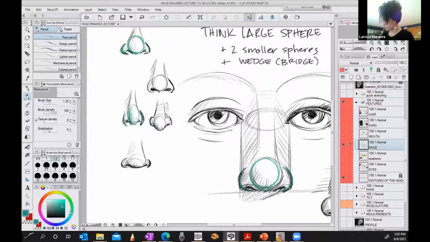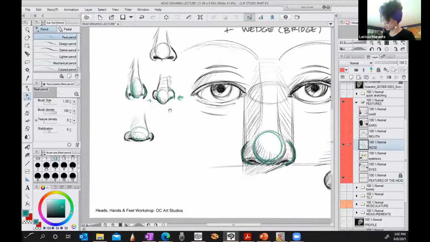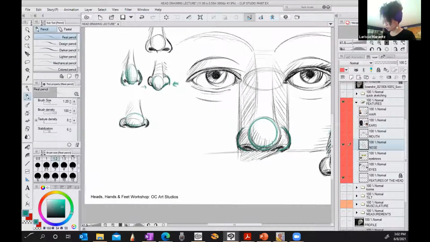Here we have the ball of the nose, but then the nostrils are a little higher up. Here you have a wider nose, and the nostrils on the side are more squashed. So you're just taking these shapes and varying them.